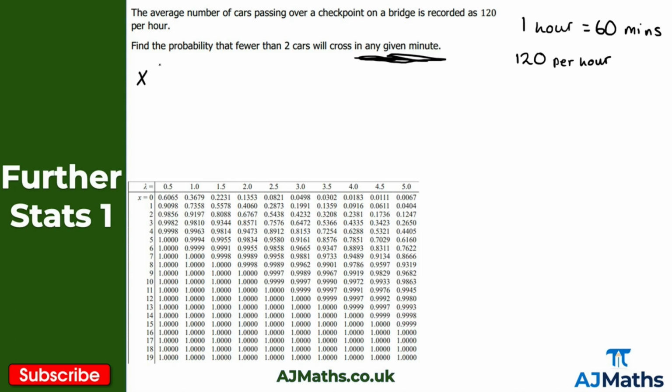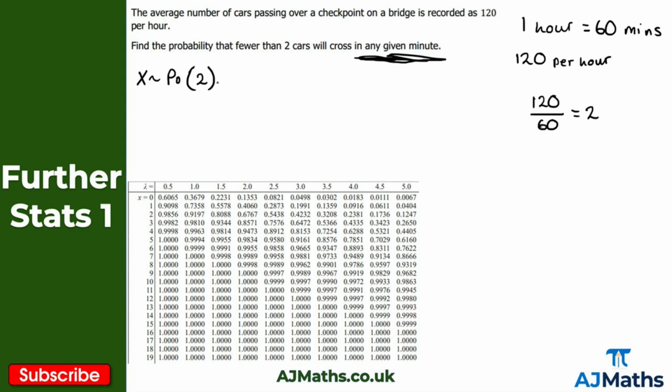So if I let x here be the number of cars passing this checkpoint on a bridge per minute, we say x is a Poisson distribution. My rate here will be 120 divided by 60, and that will give me 2. So that's per minute. So here our parameter will be equal to 2.